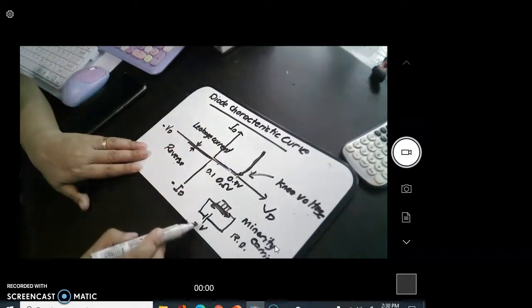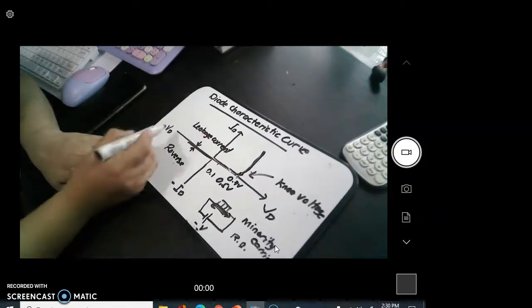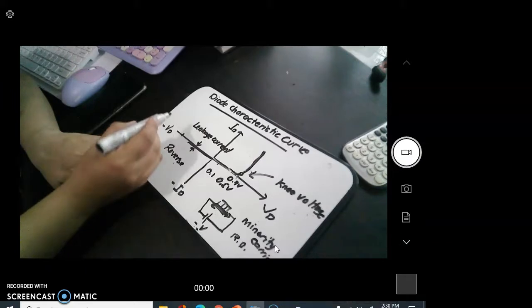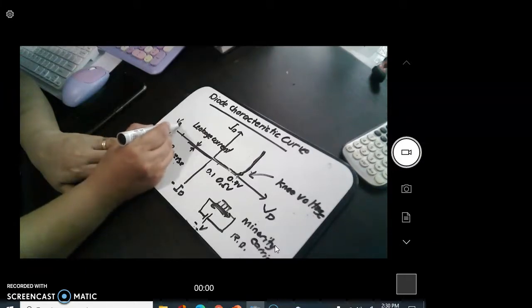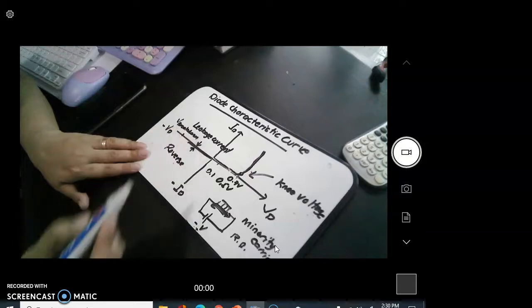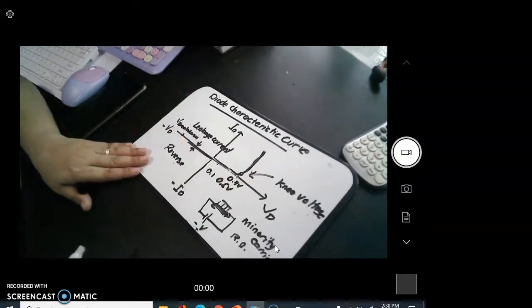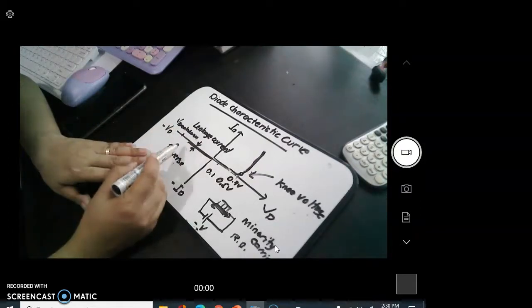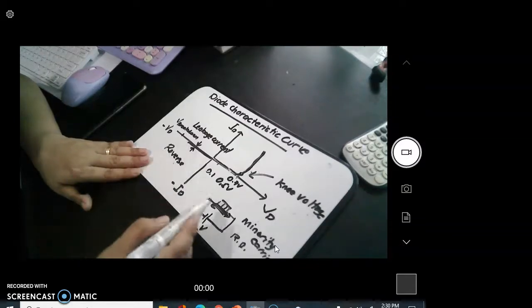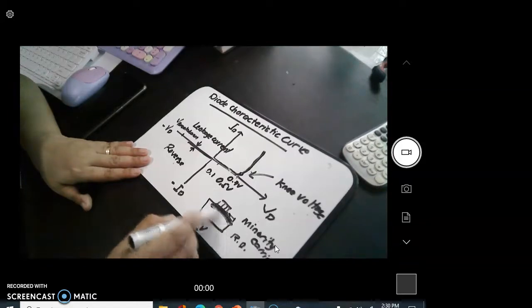However, if you increase the source voltage to a higher value such that it reaches the breakdown value, say at this point, this is the breakdown voltage, the highest negative voltage applied across the diode, something happens. Avalanche will occur, creating free electrons and holes, therefore increasing the number of minority carriers.